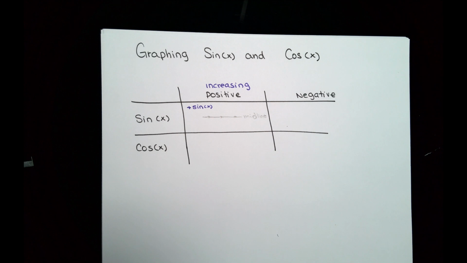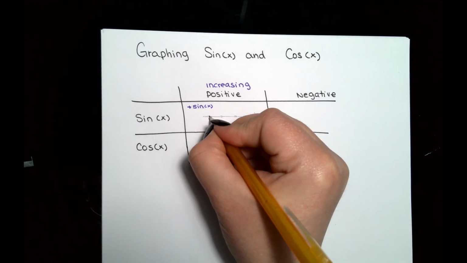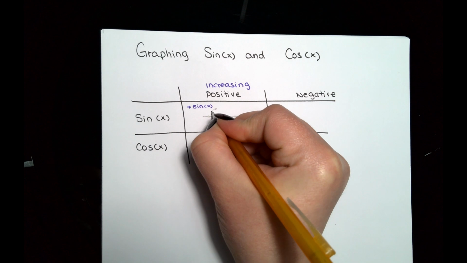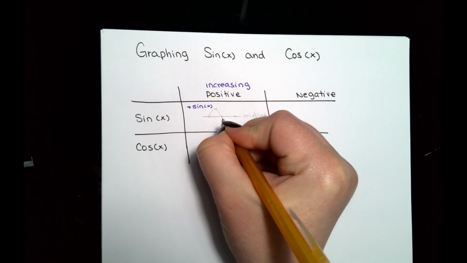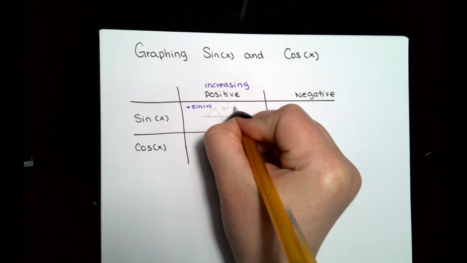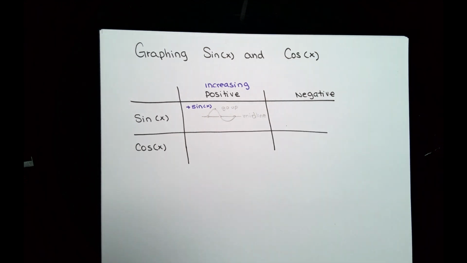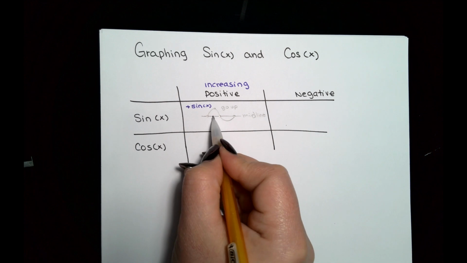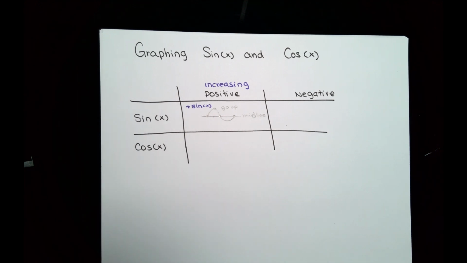So if you have an increasing function, you're going to go up before you go down. So a positive sine wave will go up towards the maximum as part of the first quarter, the middle of the middle, as I call it.